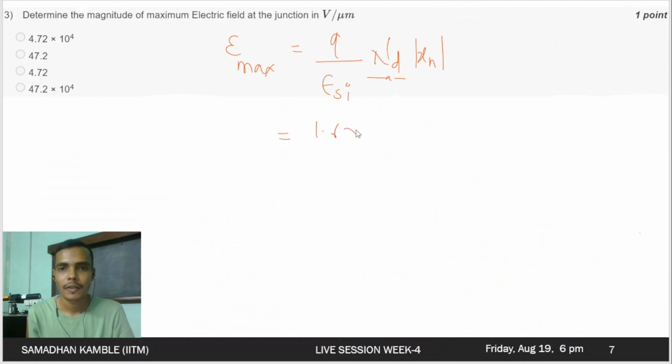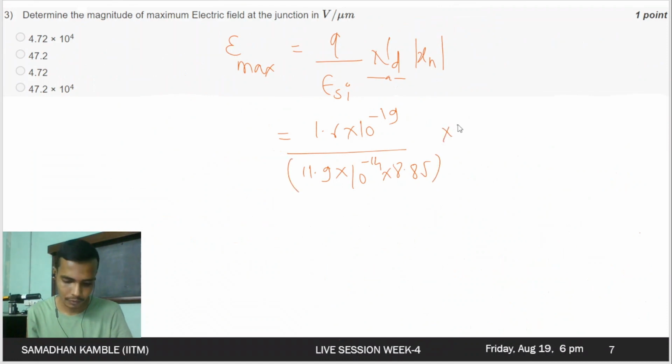We will get 1.6 times 10 to the power minus 19 divided by 11.9 times 8.85 times 10 to the power minus 14, times the doping concentration, that is 1 times 10 to the power 16 per centimeter cube, and the depletion width on the n side in centimeter, which we need to put for consistency.